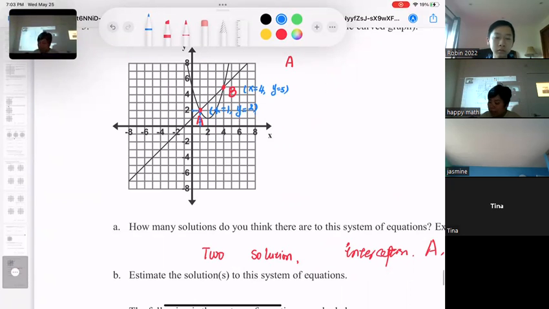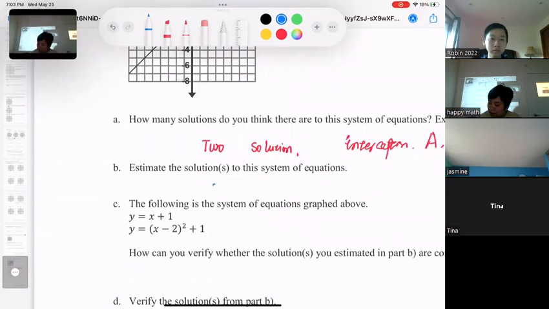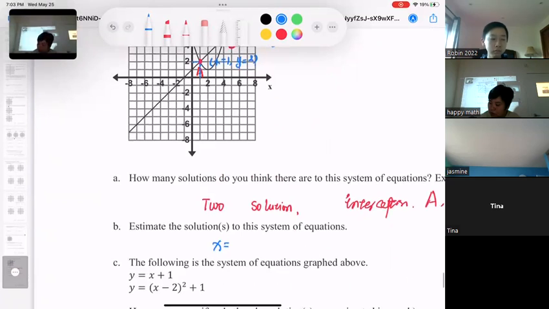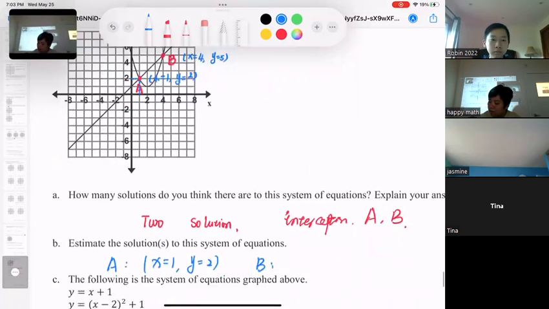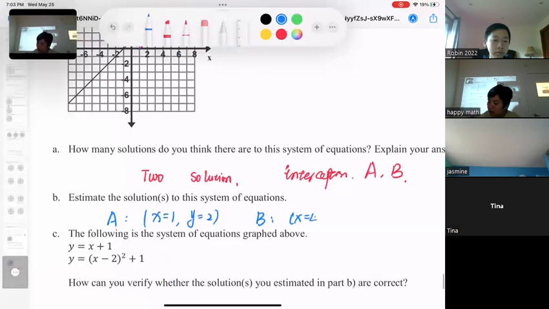And that will be B. So at point A, X is 1 and Y is 2. At point B, X is 4 and Y is 5, right? That will be the solutions of the system.